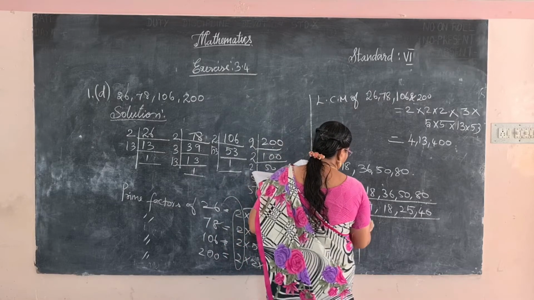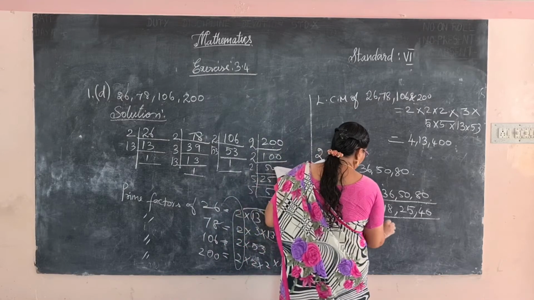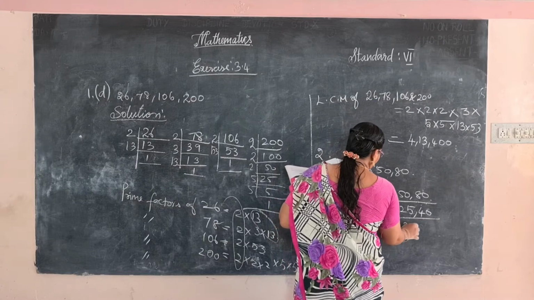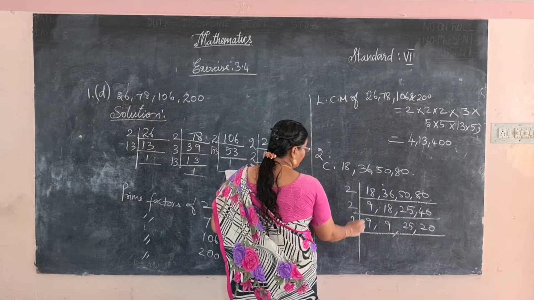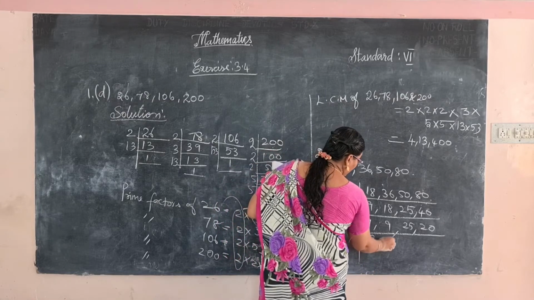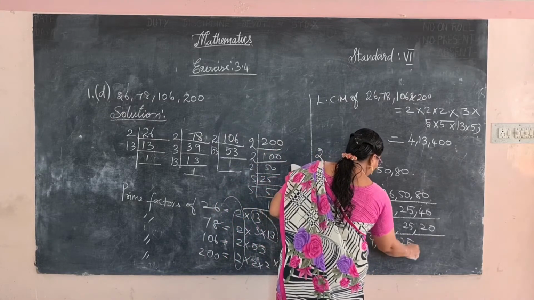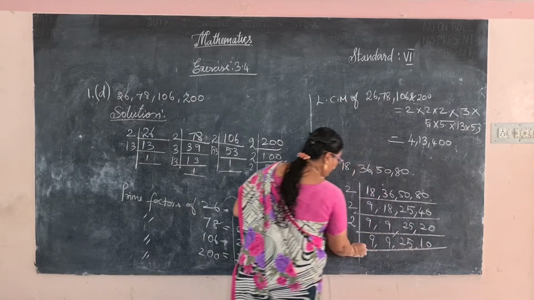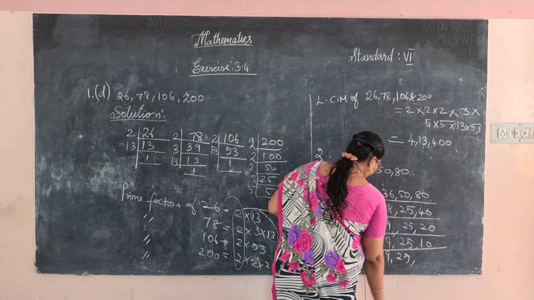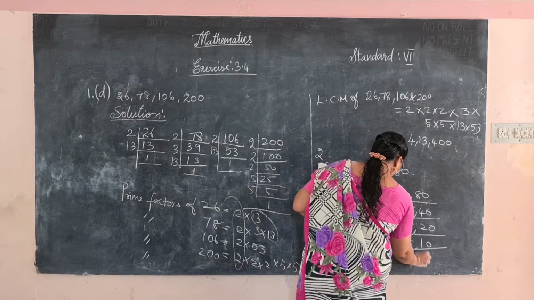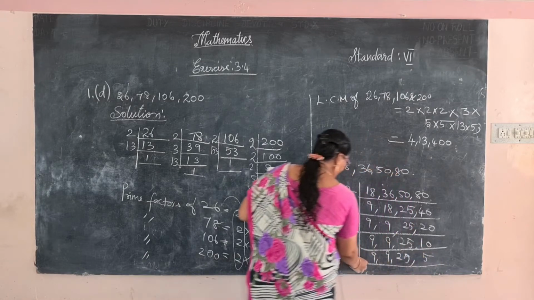It's not possible for 25, so 9, 25, 20. Again 2 table, 9, 25, 10. 2 table, 9, 25, 5.